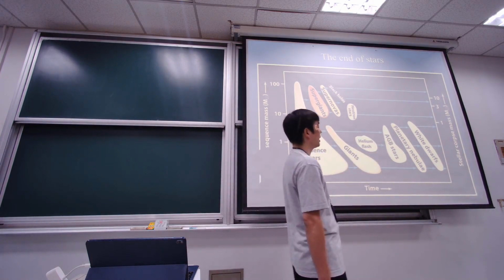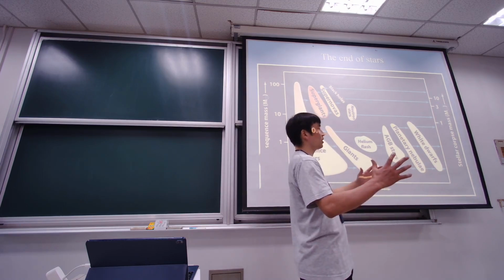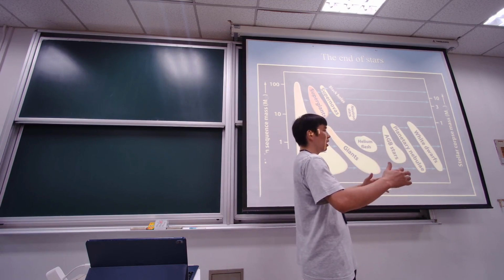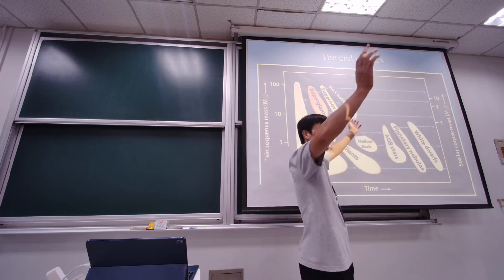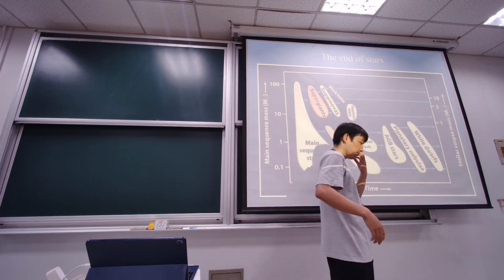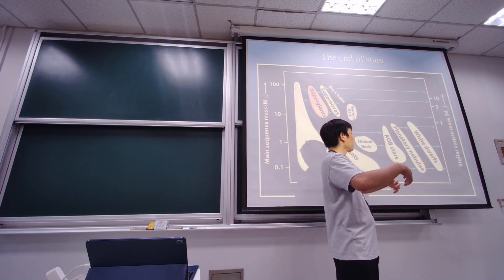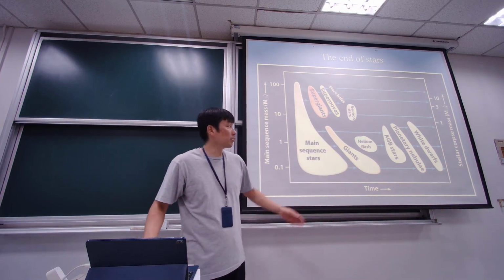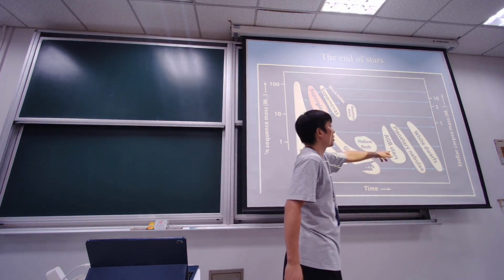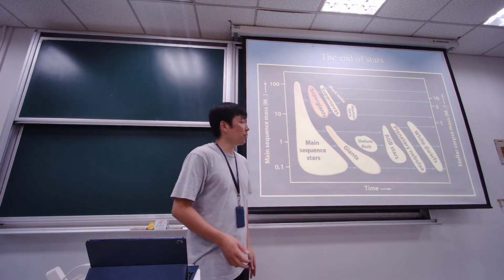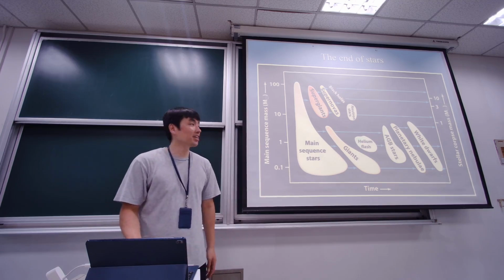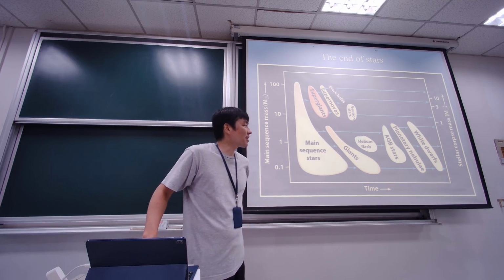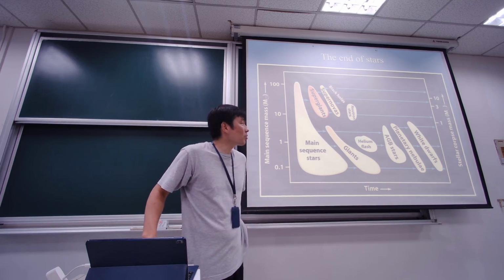Once gravitational collapse happens, the outer layer will be flashed away, so that the layer becomes a nebula. How to say it in Chinese? Do you know? Anyway, after that it becomes the white dwarf.